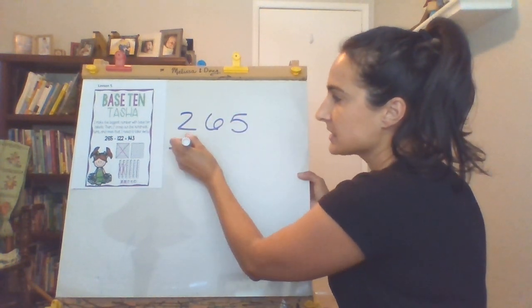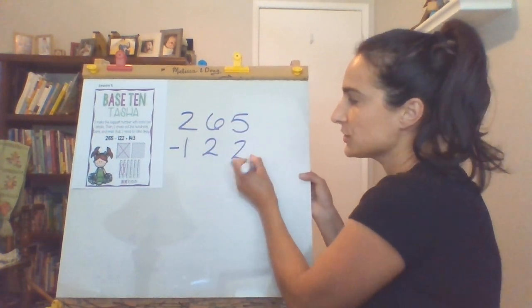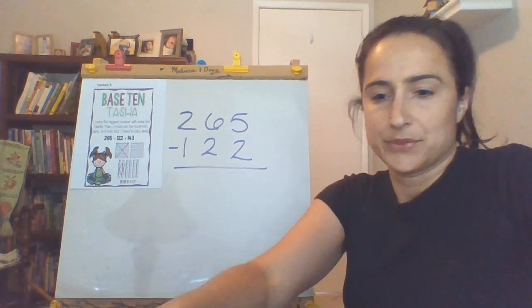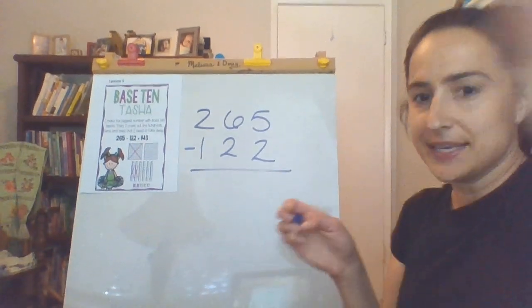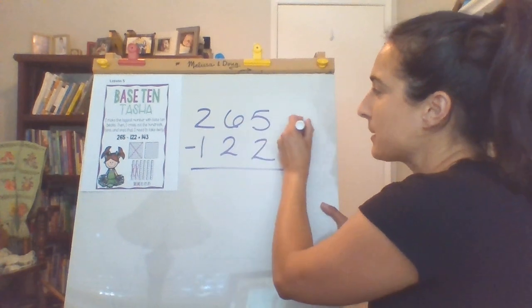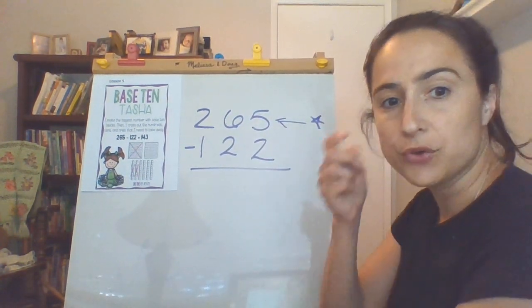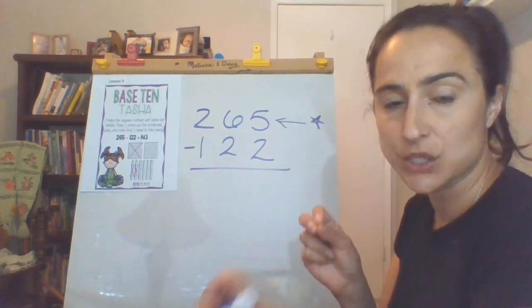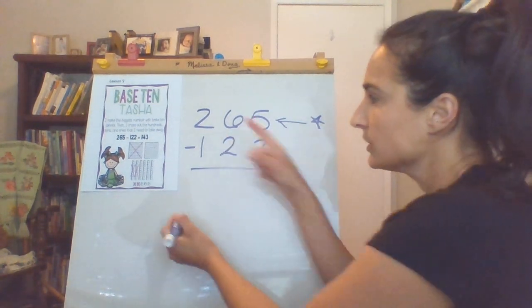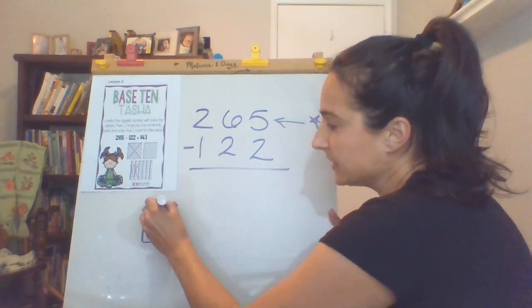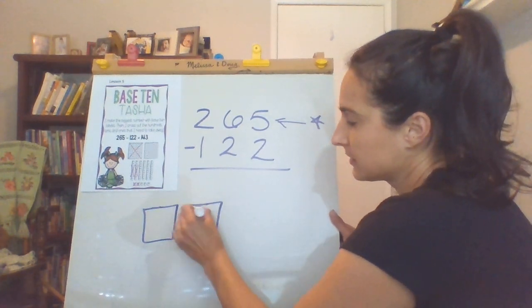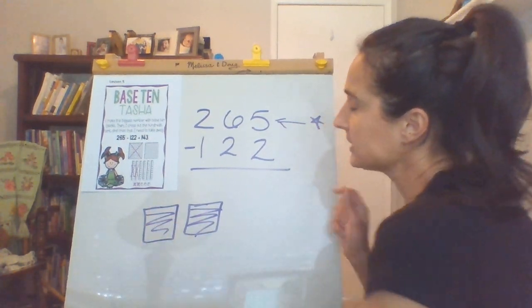It's 265 minus 122. I'm going to move this a little closer so you can see it. I'm going to take the bigger number and draw it out, or if you happen to have base 10 blocks at home, you can use those. So I have 2 hundreds, right?